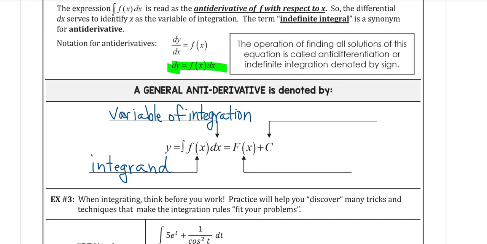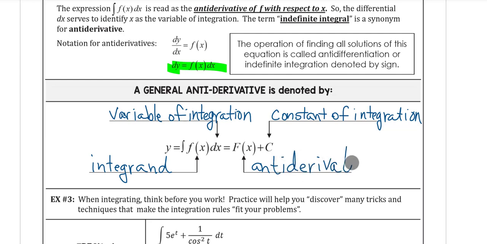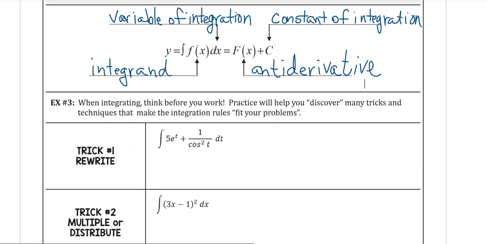Then the c is our constant of integration, as we noted on the first page. And capital F is, of course, our antiderivative. Those are the different parts of our indefinite integral.